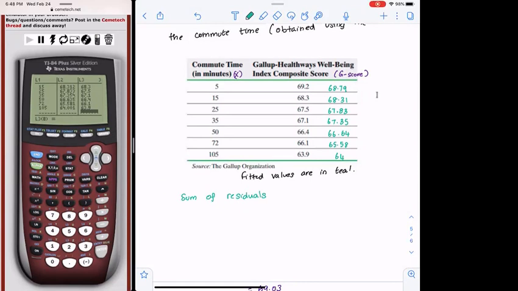The fitted values, the values that we obtained from the model, are in list 2. Now, exit. So actual values, list 3, minus fitted values, list 2. And I'm going to store everything using the store key in list 4.